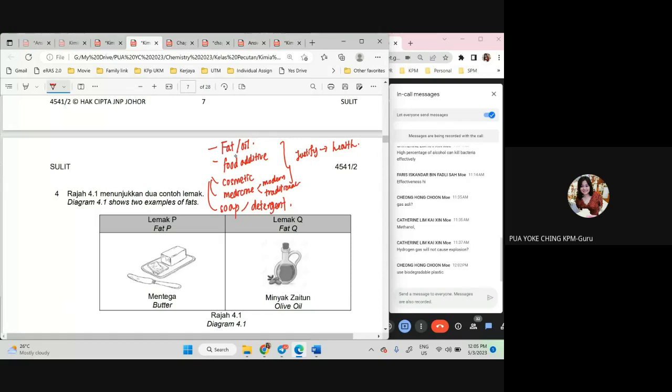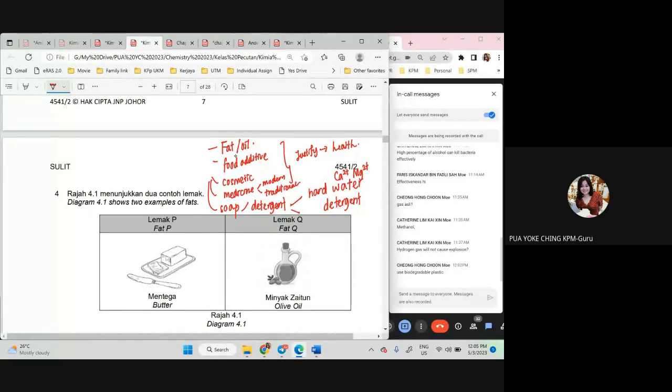Yang saya risau is this one lah, soap and detergent. Sebab dalam soap and detergent, kita ada satu part yang berkaitan dengan hard water. If you remember, kena ingat dalam hard water, hanya detergent yang boleh berfungsi. Sebab dalam hard water, kita ada Ca2+ dan Mg2+ ion.